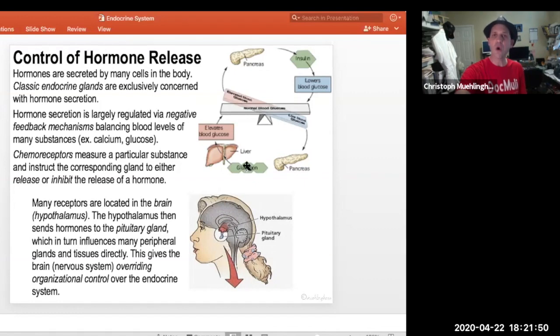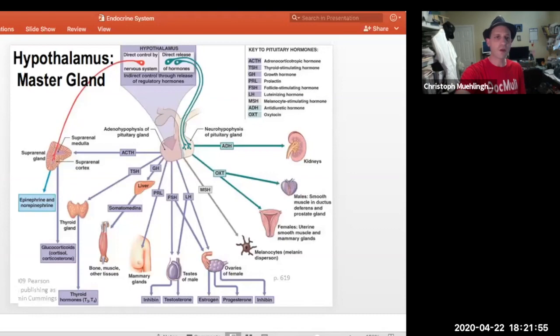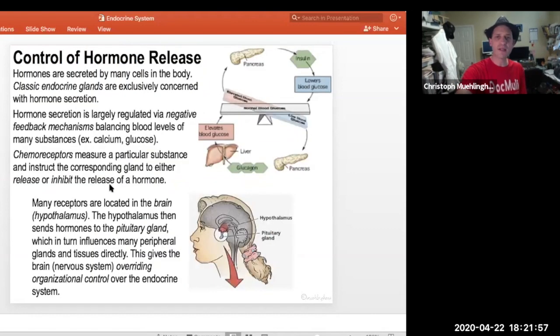It has hormones that it releases that turn on the pituitary gland to release hormones itself, which then go to specific glands and turn on the production of hormones in that gland.